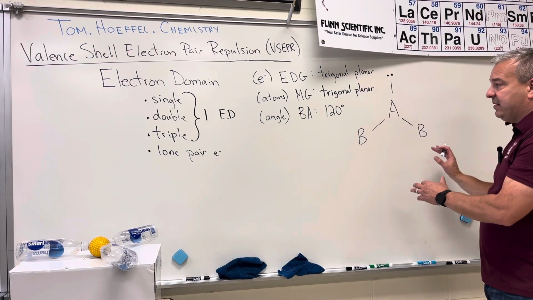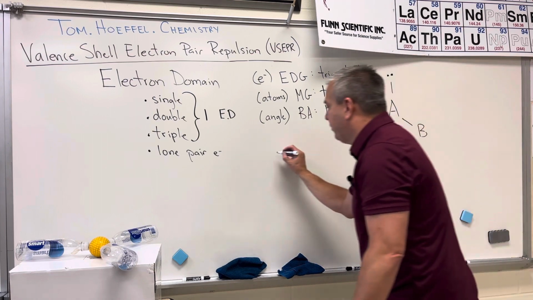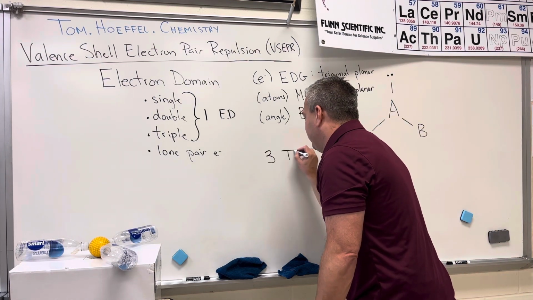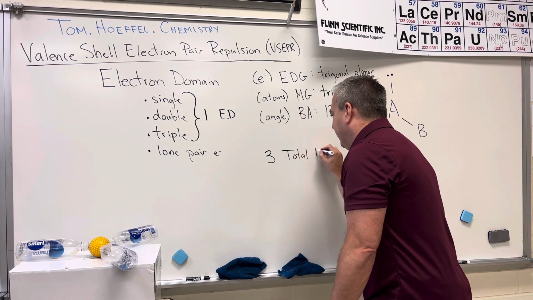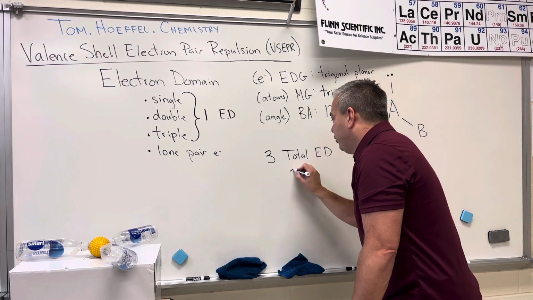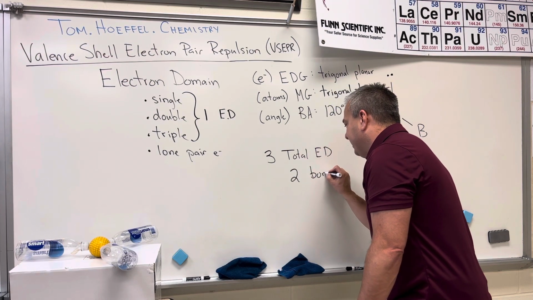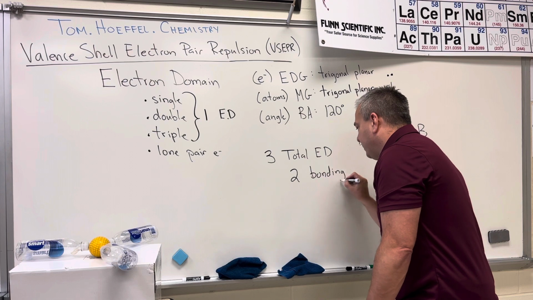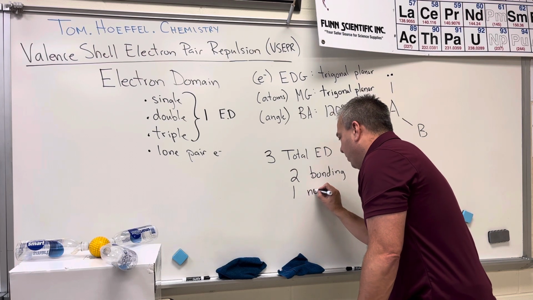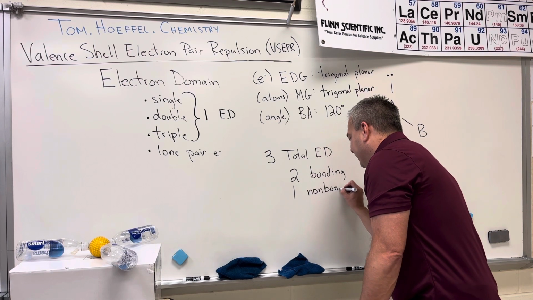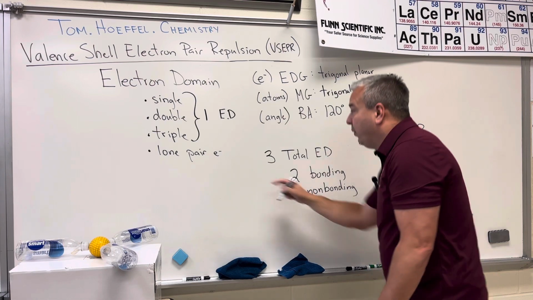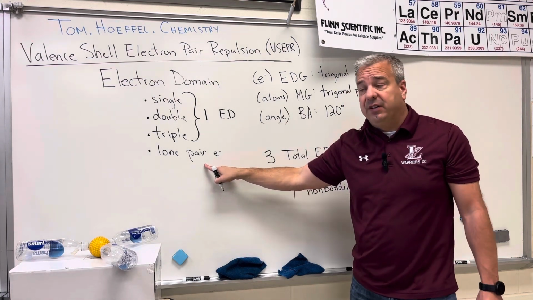So in this case, I have a total of 3 electron domains. 2 of them are bonding domains, and 1 of them is what we're going to call a non-bonding domain, or simply a lone pair of electrons.